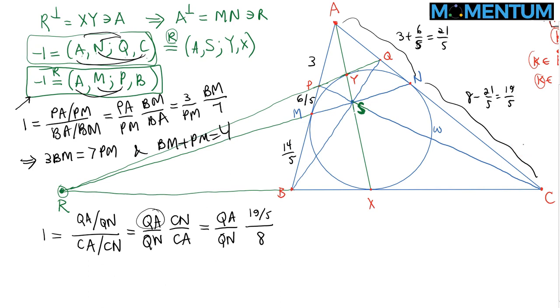But if I know NC, yes, so the desired distance is AQ is X, so therefore QN itself would be just 21 over 5 minus X, or minus QA, and boom, that's it. So we have found, so 1 is equal to this ratio, and from here you can easily calculate QA as I believe 168 divided by 59.